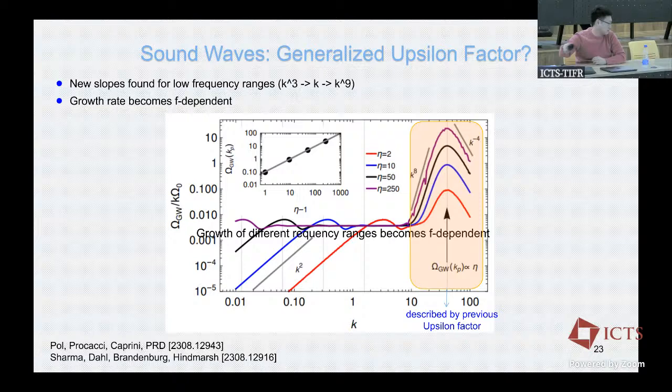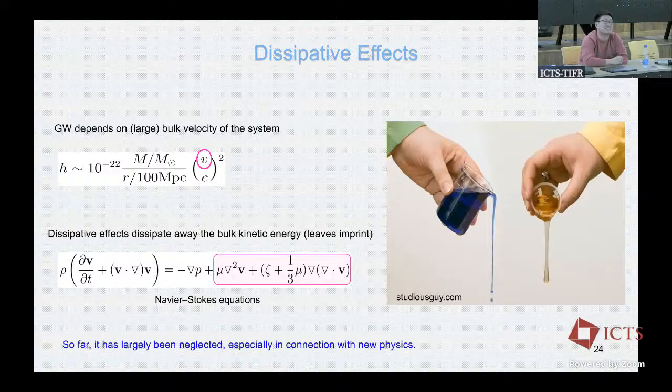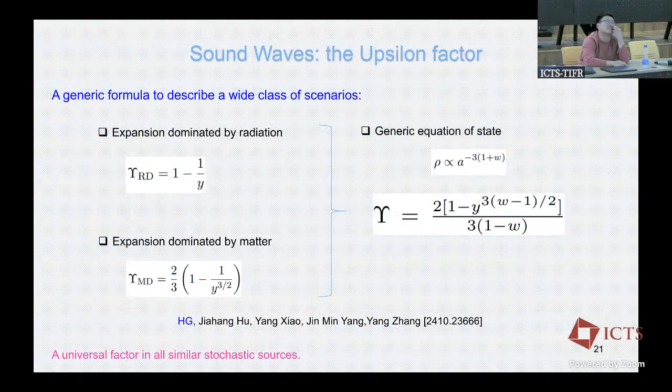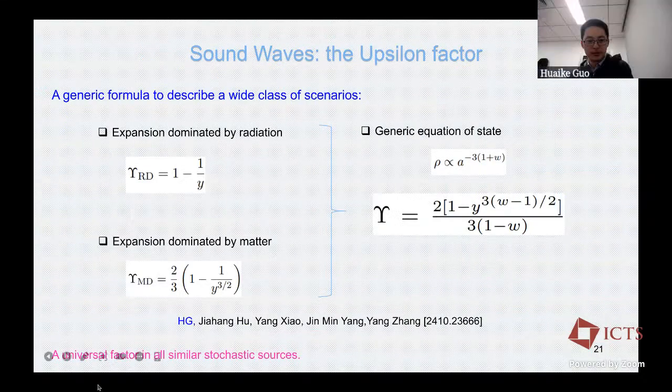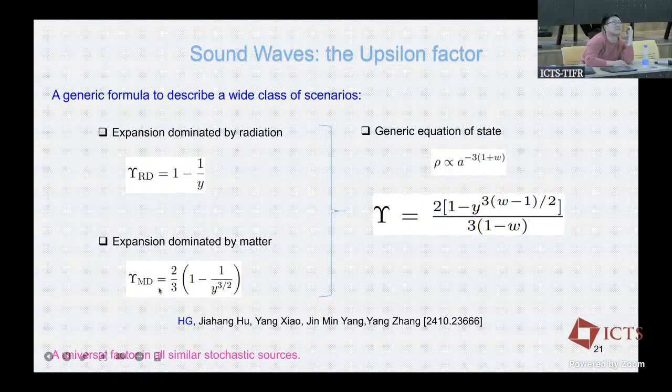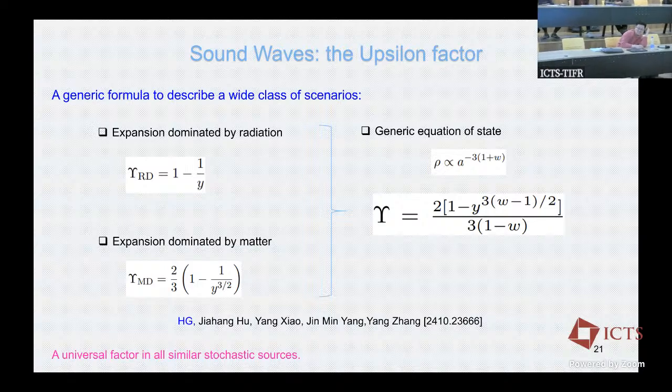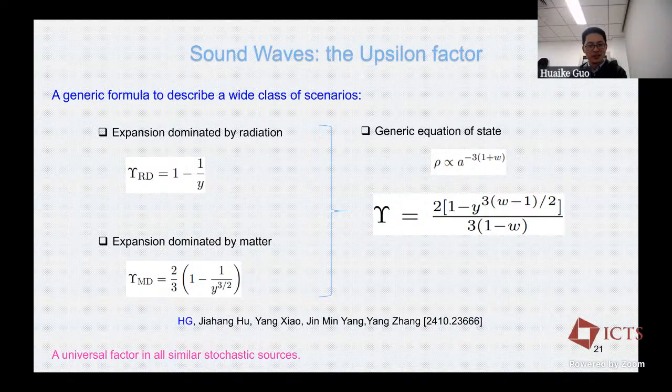Any other question? I have one small curiosity. When you were showing the effect of matter domination, was it a period of early matter domination, or was it the late time matter domination? It actually doesn't matter.